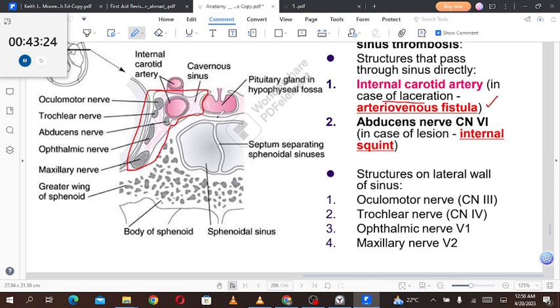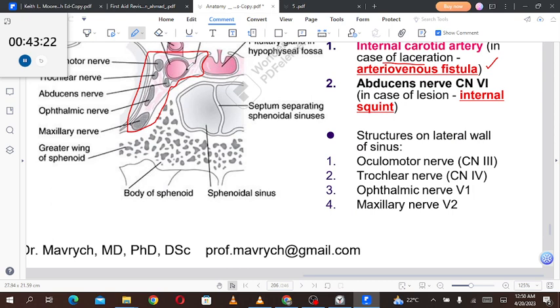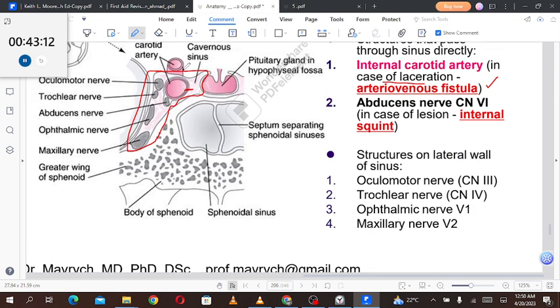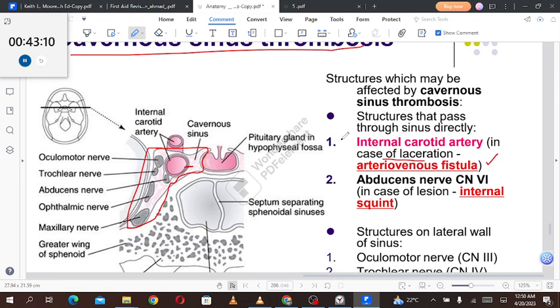If there is damage or laceration to that, this artery will start communicating with the veins. Now the cavernous sinus is a channel of veins, while the internal carotid artery is an artery. So if there is a connection between these two structures, there will be an arteriovenous fistula, which is also given a specific name, I guess, carotico-cavernous fistula.